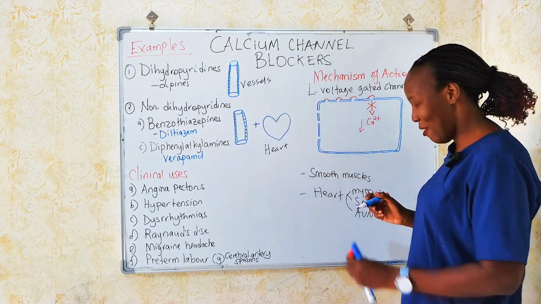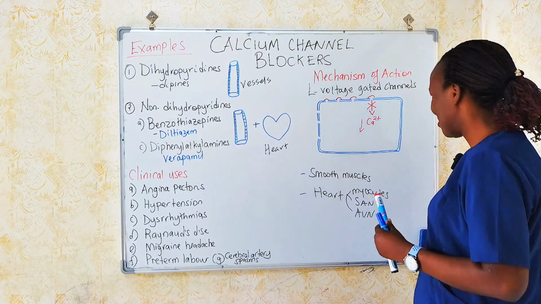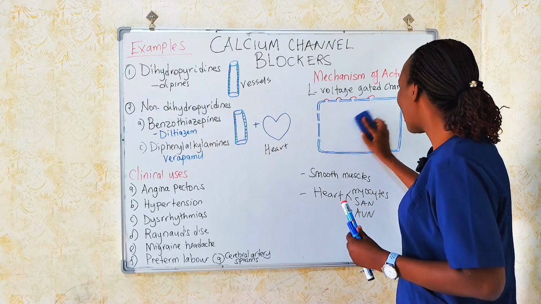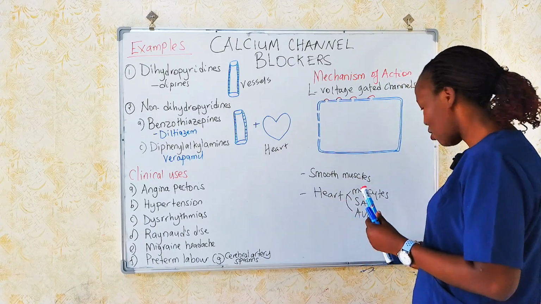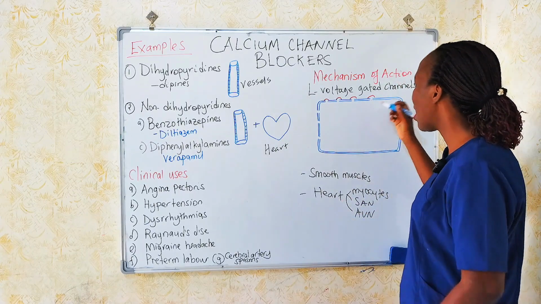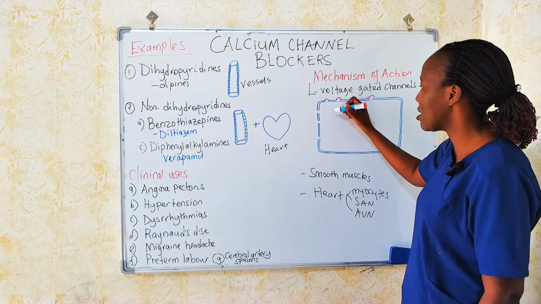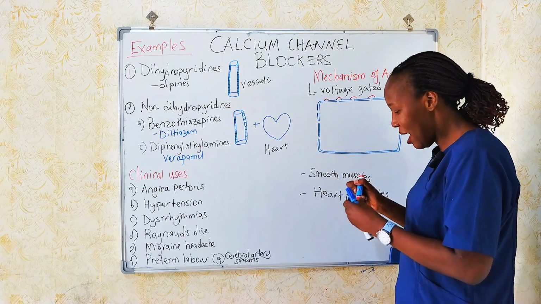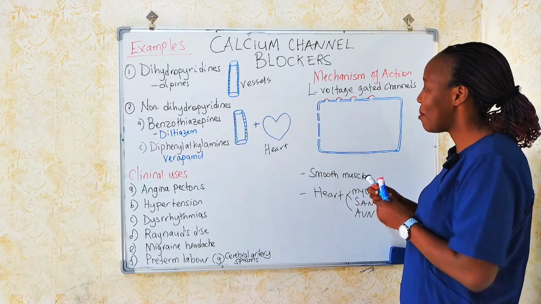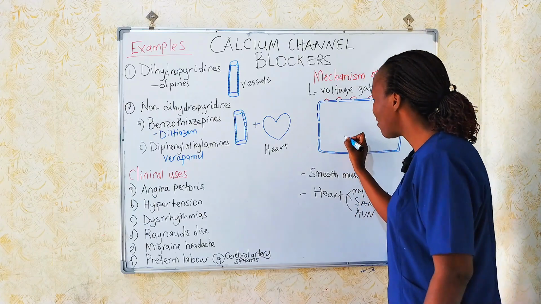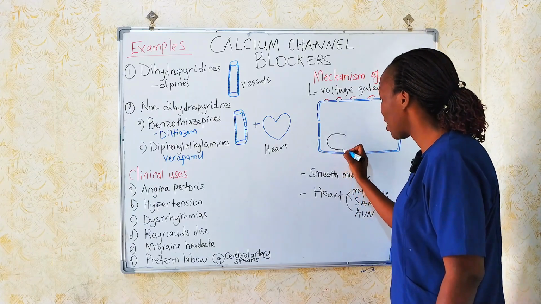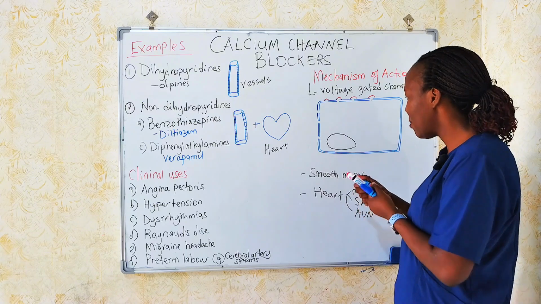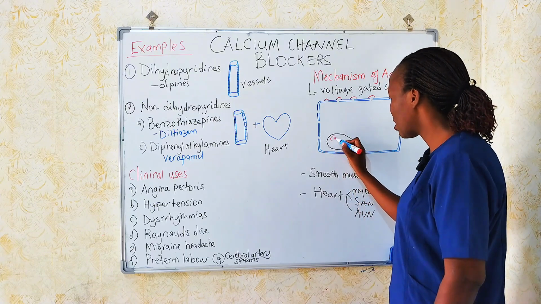And then what happens in the heart? Now in the heart, the calcium channel blockers usually also still work by reducing the amount of calcium entering, but in the heart or in the muscles themselves, we do have stores of calcium. So let's say we have the sarcoplasmic reticulum, and this is rich in calcium.